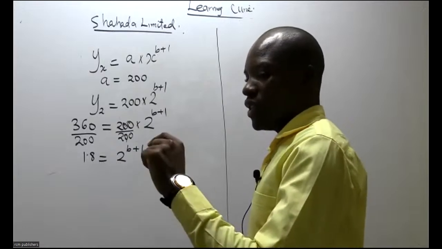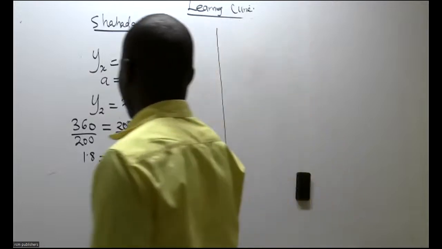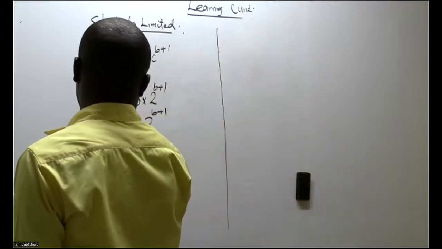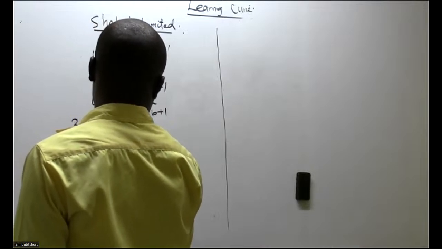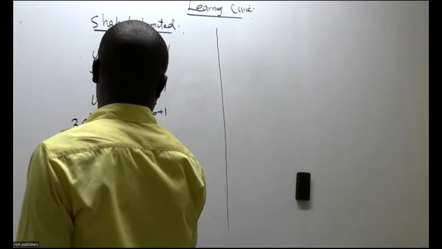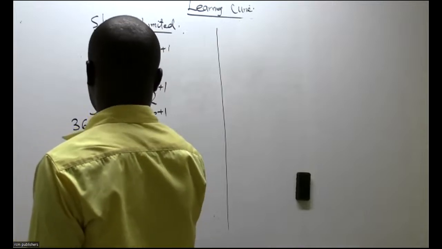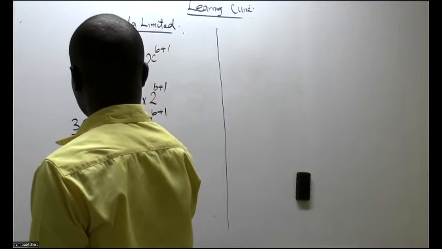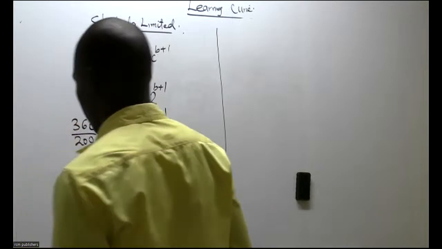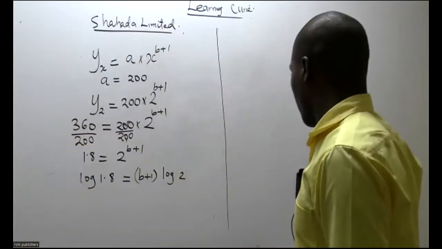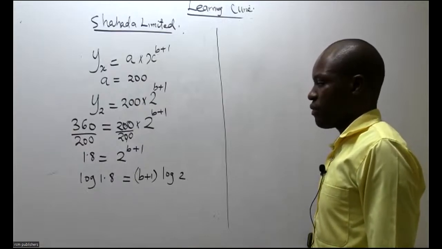For me to work this out in a simple way, introduce log. So I will say, on this other side, B plus 1 log 2 is equivalent to log 1.8.